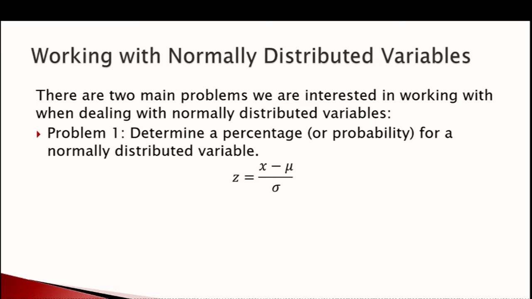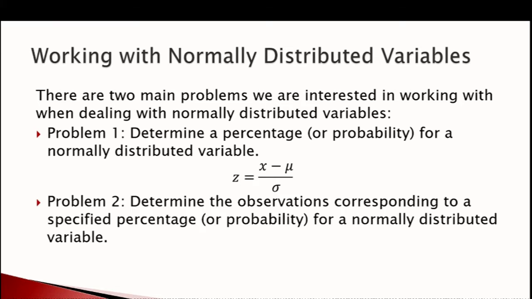Problem 2 will be determine the observation corresponding to a specified percentage or probability for a normally distributed variable. As you can see, I include two main formulas here for you to use, each one associated with one problem that I discussed.